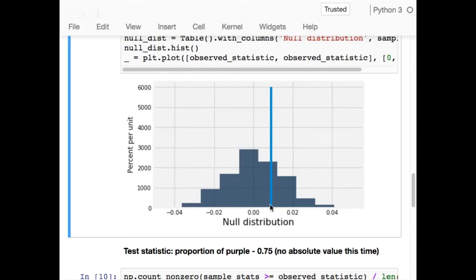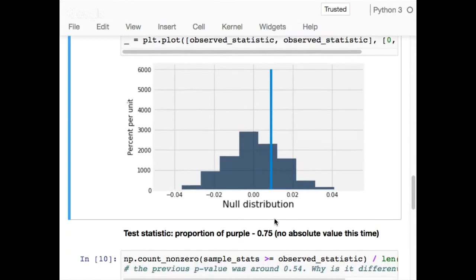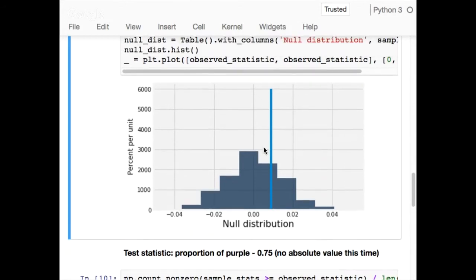With the absolute value, I can be far away in both the positive and negative direction. If I don't use the absolute value, I'm now asking the question only in the positive direction, how far away is my result, right? Because I'm only asking the question, look at 76% or higher, I get less area right here.